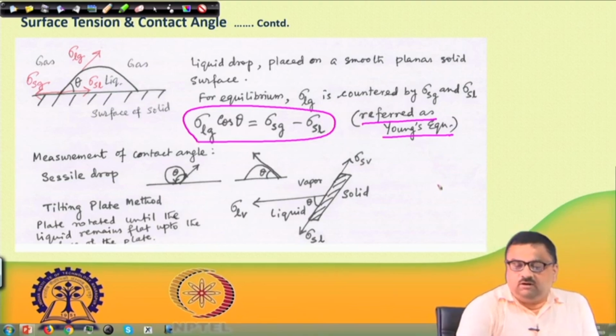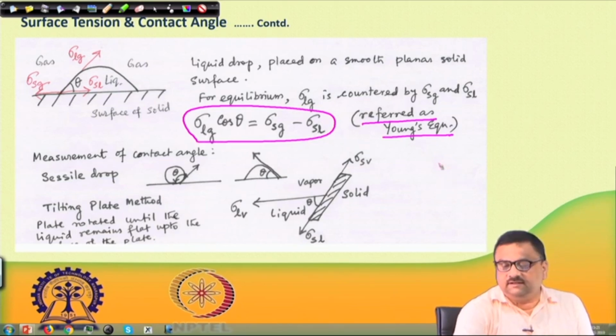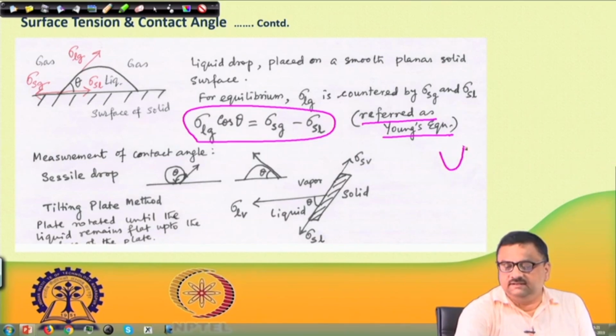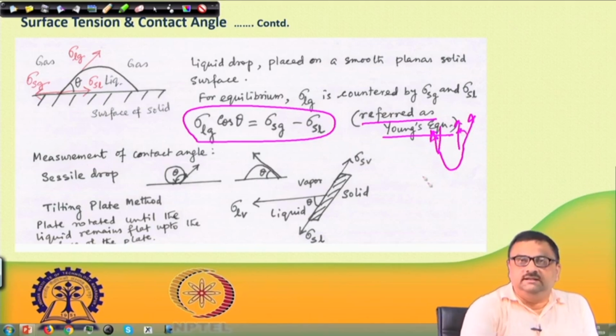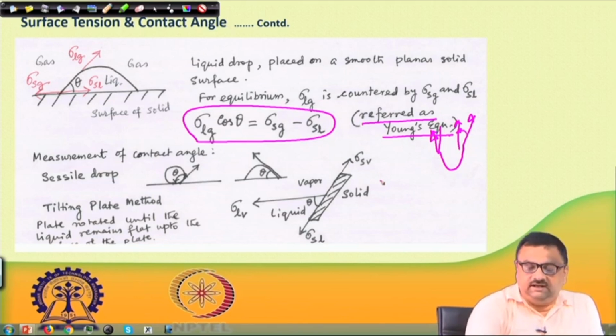You remember when we looked at the capillary rise and this was the meniscus, the surface force was acting in this direction and we drew its component in the vertical direction. So, these treatments we could do with this understanding.